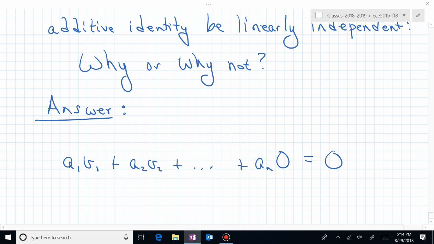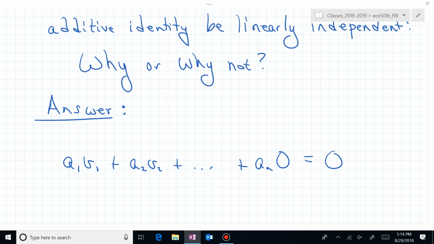One way of quickly figuring this out is to combine these vectors to give the 0 element. But if they're linearly independent, what do we know about how those have been combined? What has to happen with those coefficients? They all have to be 0.